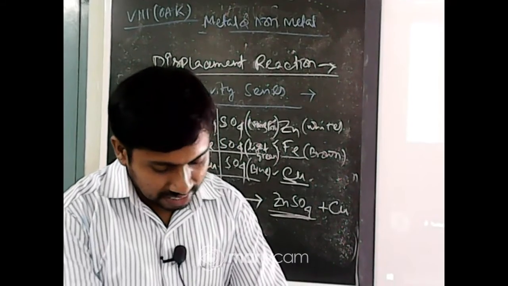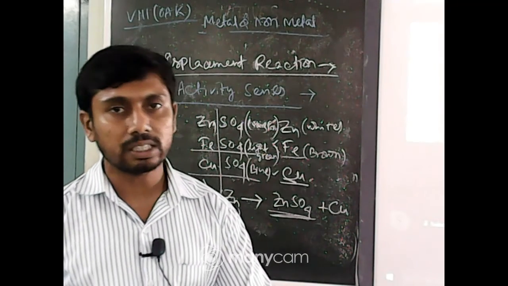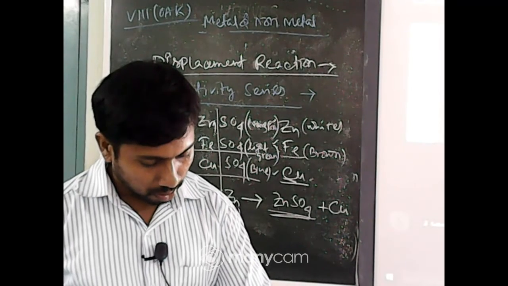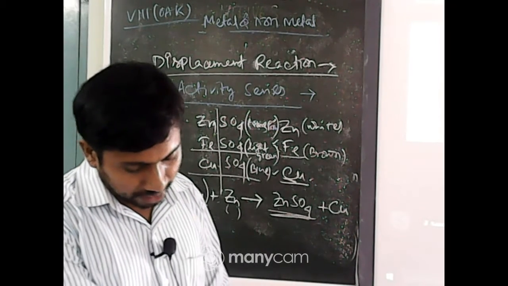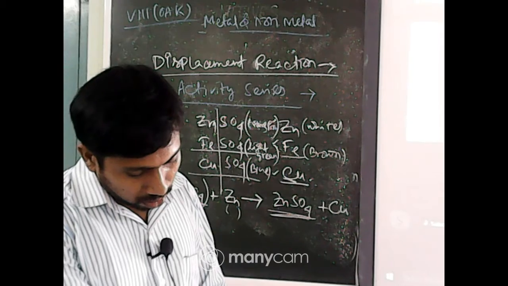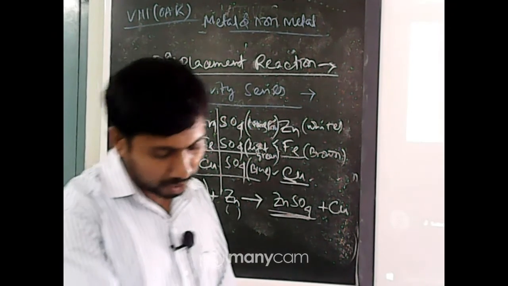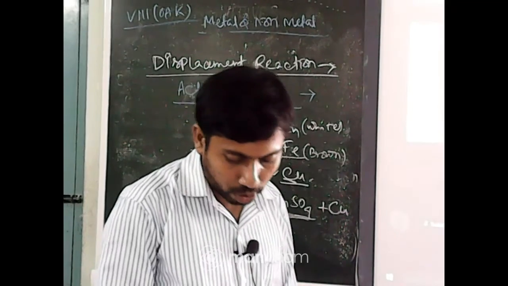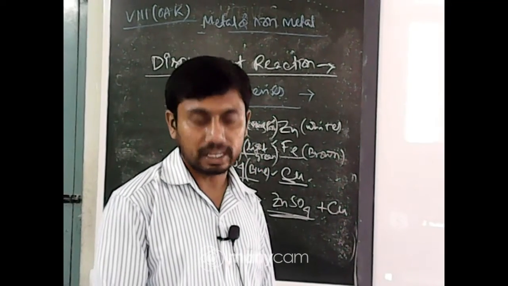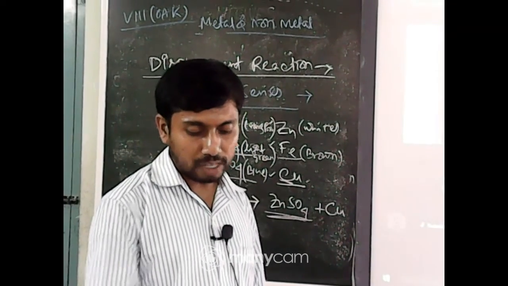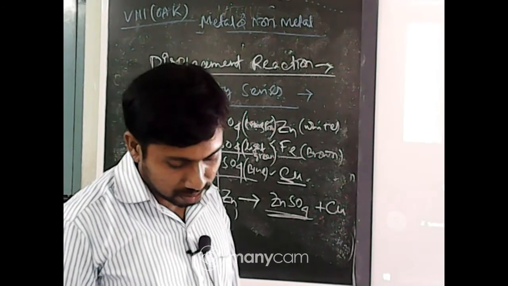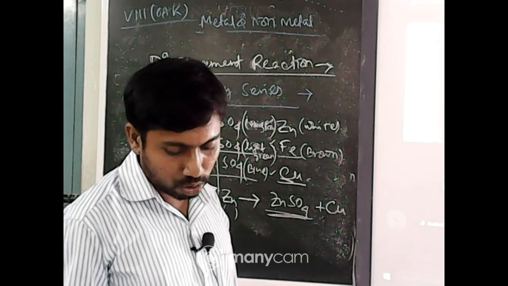Beaker C, zinc sulfate and copper turning: no reaction will take place. Beaker D, iron sulfate and copper turning: no reaction. And last, zinc sulfate and iron nail: here also no reaction will take place. So the first two beakers have reactions, but in the last three, C, D and E, there is no reaction.